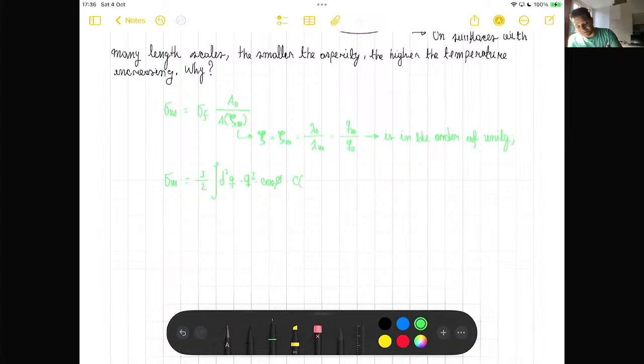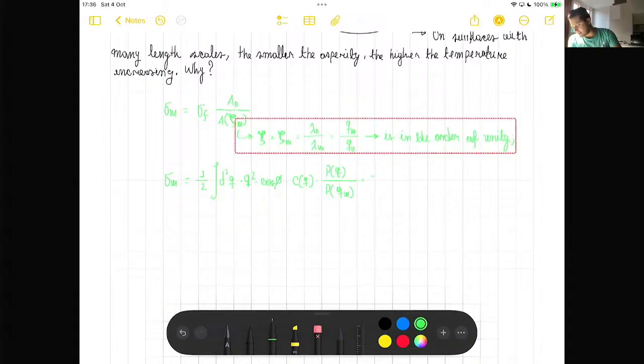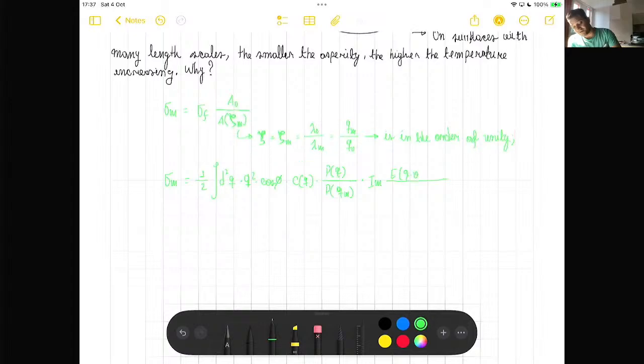So times the power spectral density times the relative fraction of the contact areas, considering the P for qm, times the imaginary value of the elastic modulus as a function of q, v cosine phi, times a function of T q, divided by 1 minus the Poisson ratio.